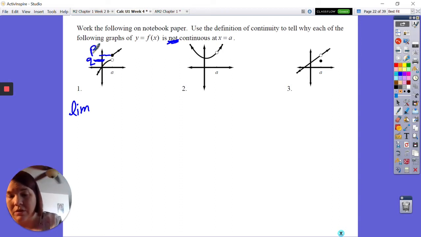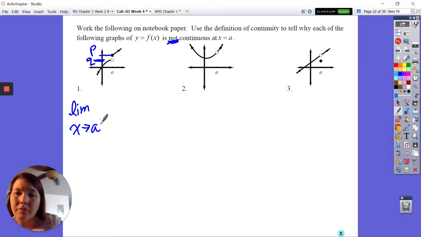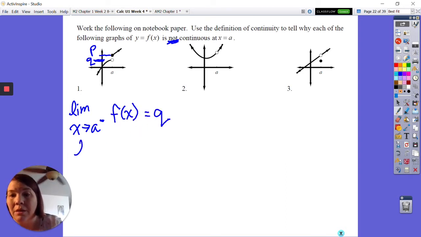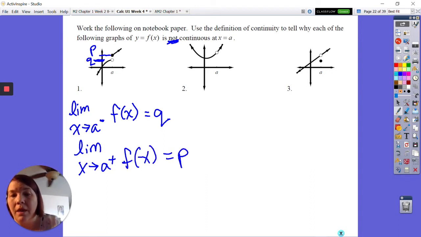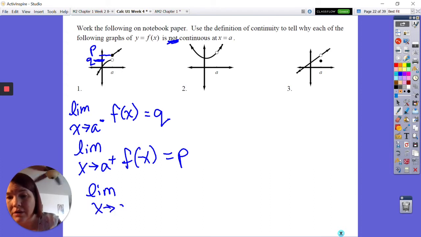So the limit as x approaches a from the left on this function, which we'll call f of x, is equal to q. And the limit as x approaches a from the right of f of x is equal to p. And since they're not equal to each other, this is not continuous.